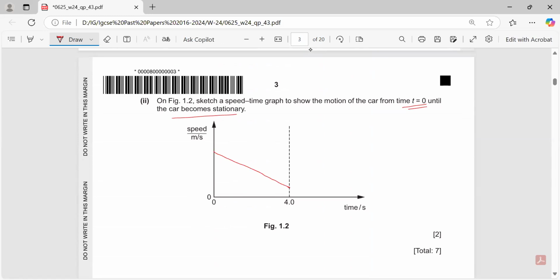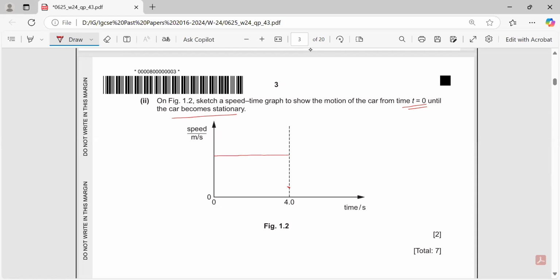So whatever I have done, see, they said the graph shows the motion of the car from t is equal to 0 until the car becomes stationary. So this is not correct. It should first go horizontal, because for the first 4 seconds the speed is constant. Here from 0 to 4 seconds speed should be constant.